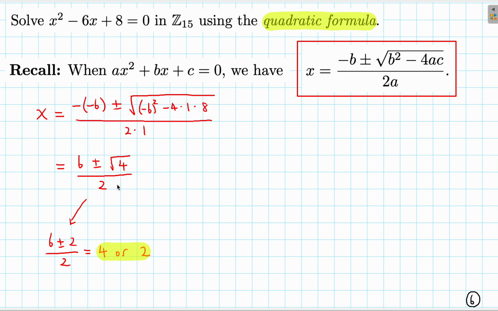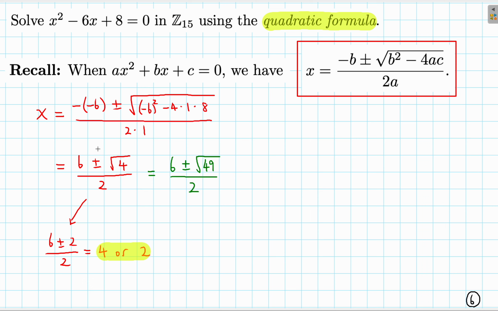Now, rather than taking this in its natural path, let's take it in a different direction. So I'll rewrite it as follows. We'll still have the 6 plus or minus square root of, and instead of 4, now we're in Z15, and in Z15, 49 is the same as 4.